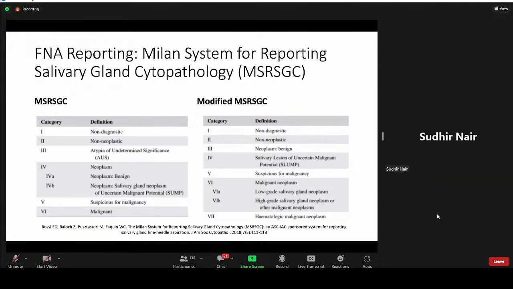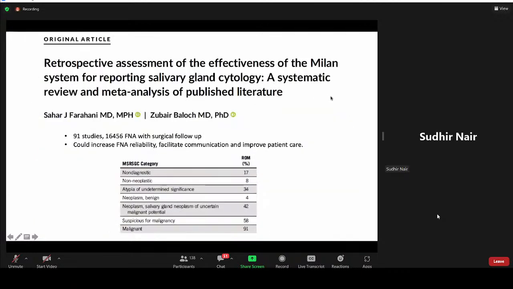One thing we have seen is that even if it is non-neoplastic, there is a risk of malignancy, say in category 2, for example. In category 2 of the Bethesda system, they say it is benign thyroid, whereas in category 2 of the Milan system, it is non-neoplastic. It doesn't mean that it may be free of tumor, free of malignancy. But if the pathologist says neoplastic with benign condition, then the chance of malignancy is much less.